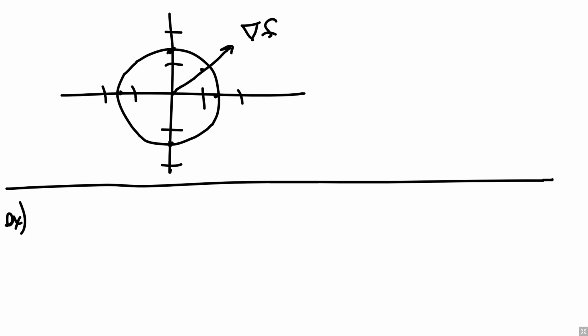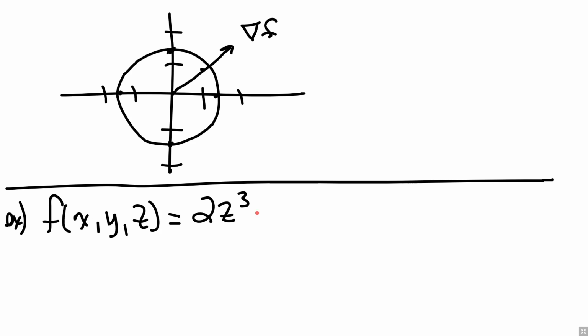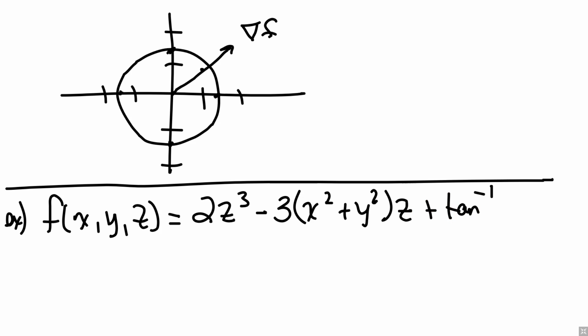Our next example, we are given that f of x, y, z is equal to 2z cubed minus 3 times x squared plus y squared times z plus the tangent inverse of xz, and we're given the point 1, 1, 1.